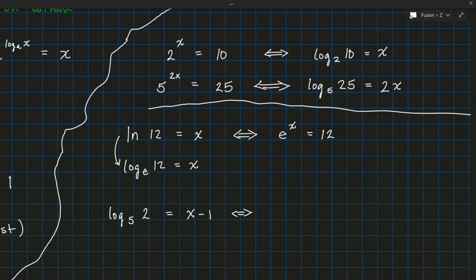What's the base in exponential form? No, because we're switching it to this form here.